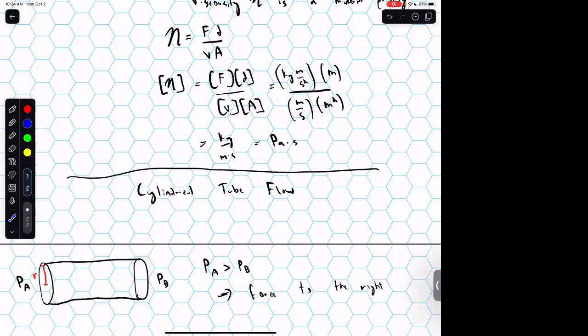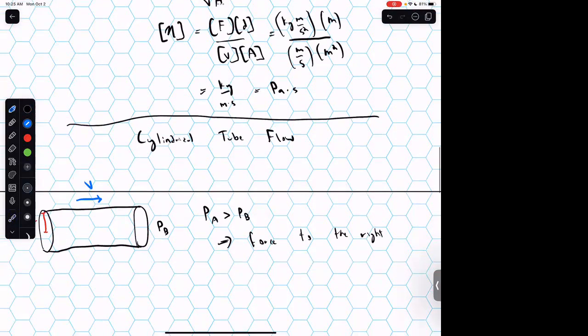If PA is greater than PB, the one on the left-hand side wins, so the fluid should move overall to the right. And I'm going to write that as B.